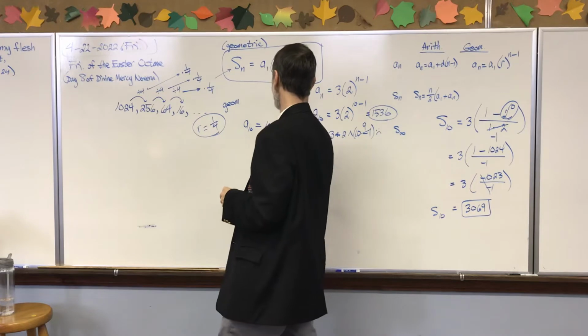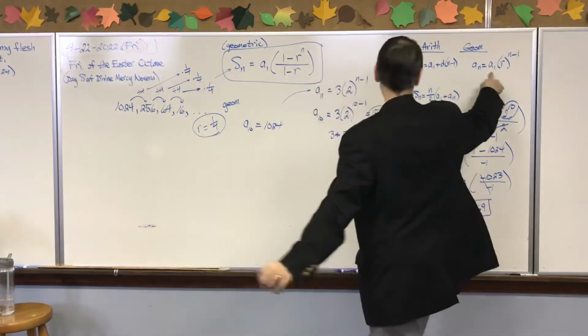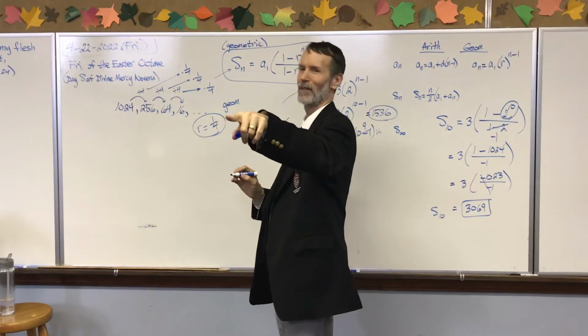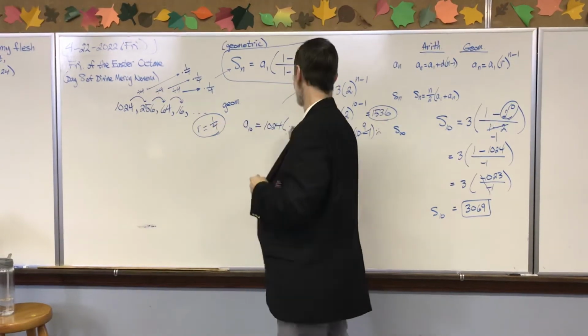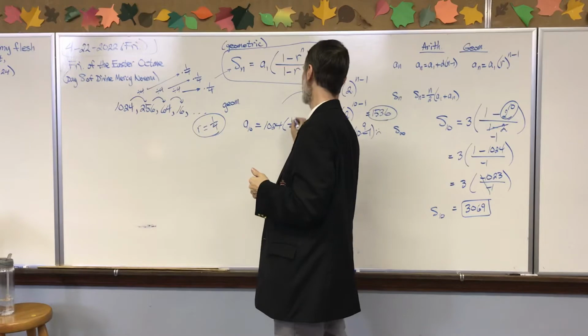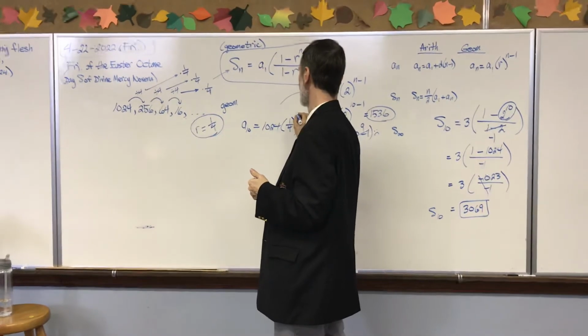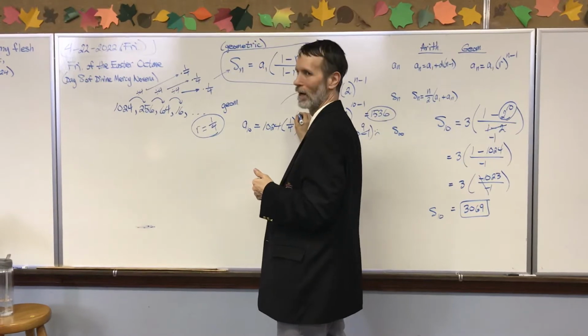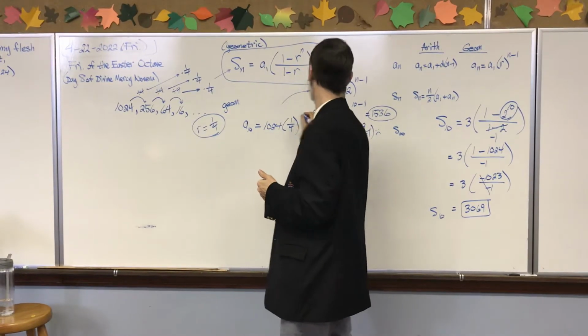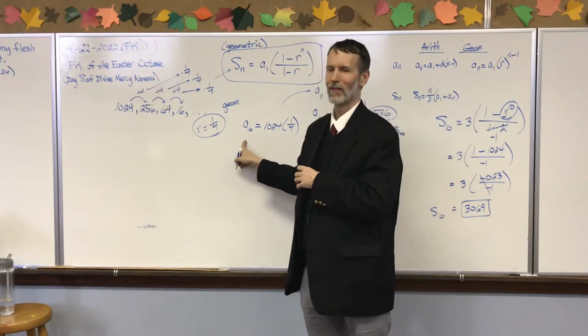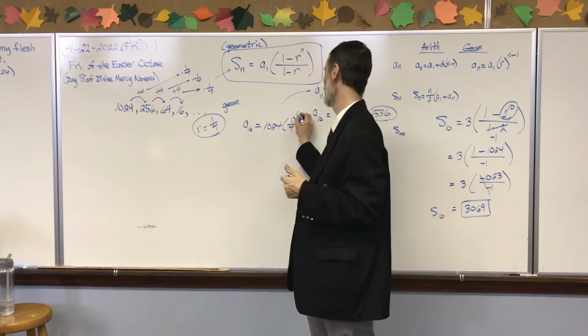The first term is 1,024. And then 1/4, to the power of, yeah, to the power of what? 9. Yeah, 10 minus 1.